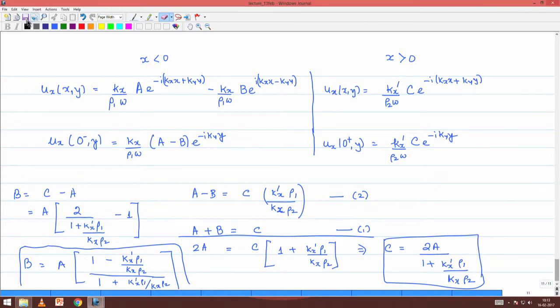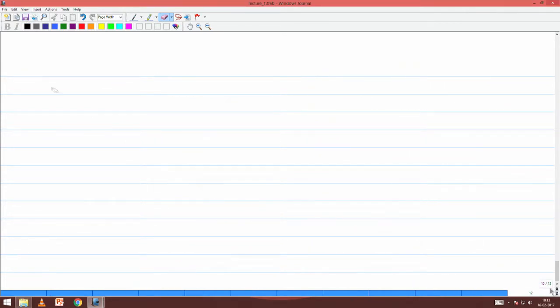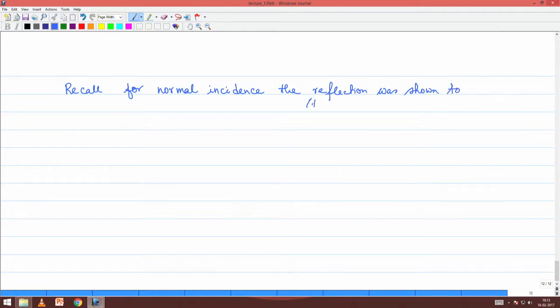So, recall for normal incidence, the reflection ratio and the transmission ratio were shown to be dependent on the characteristic impedance.